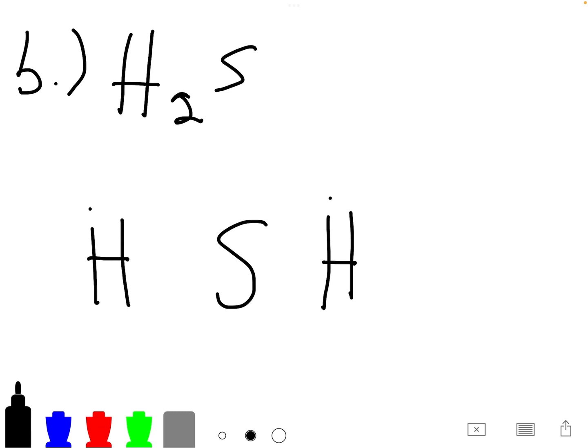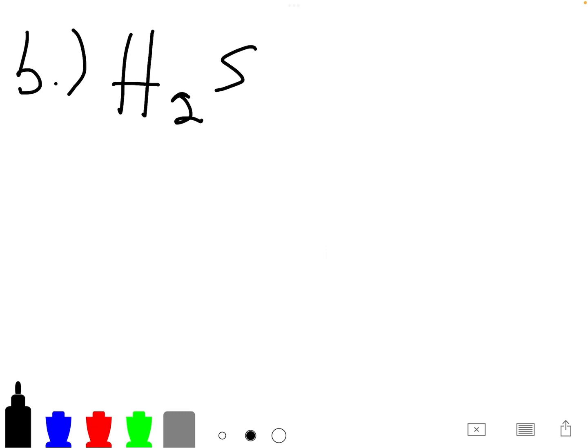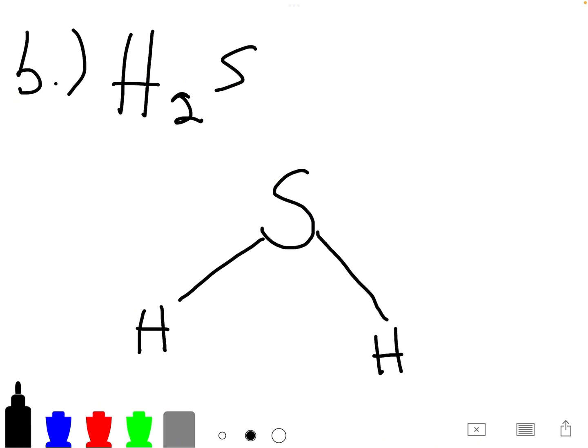So, now, for the geometry part of this, there's 2 connections to sulfur, so it's going to be right here, and then there's just going to be a line to hydrogen and a line to the other hydrogen, and that's all it is.